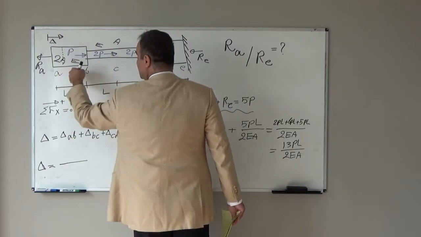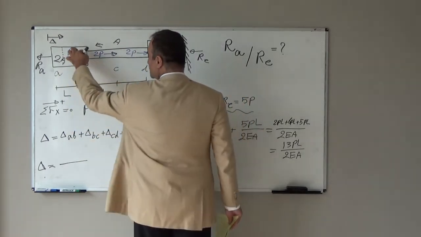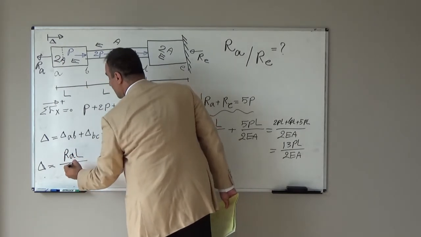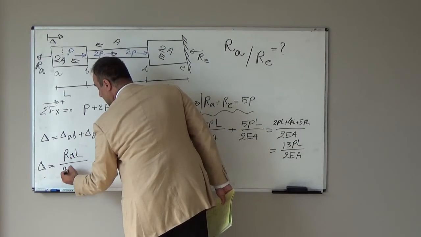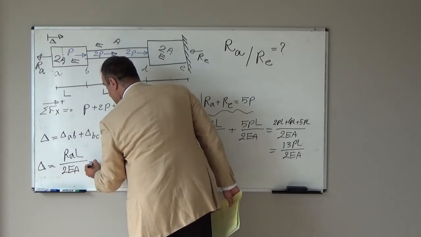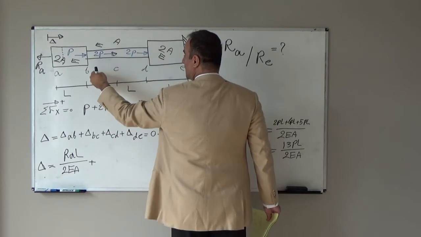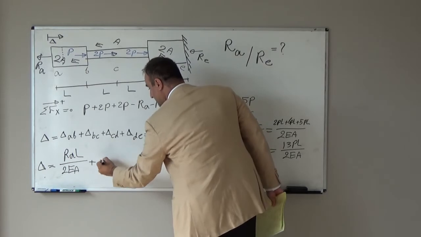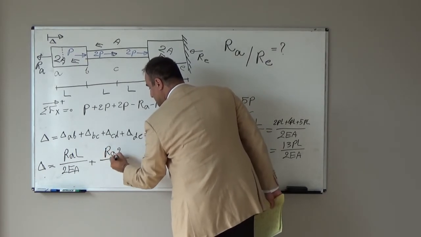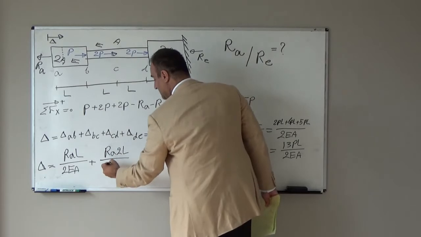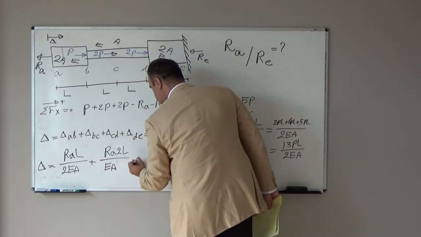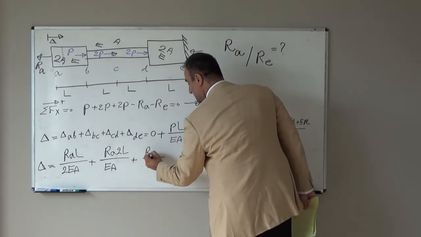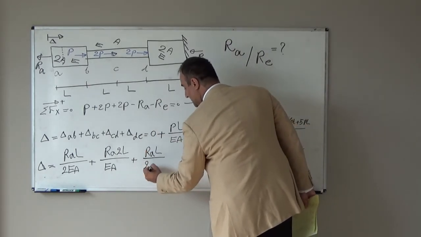Deformation of the AB part will be the reaction times length divided by 2EA, plus deformation for this part, BC plus CD part. Internal force from B to D is now reaction A times length 2L from here to here over EA, plus internal force in the DE part will be reaction times length over 2EA.